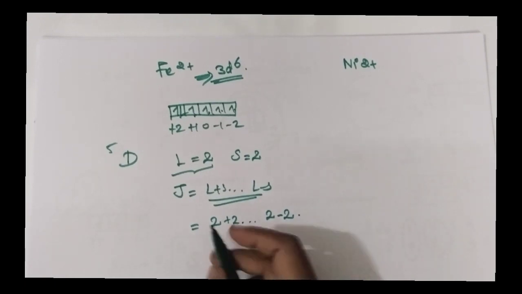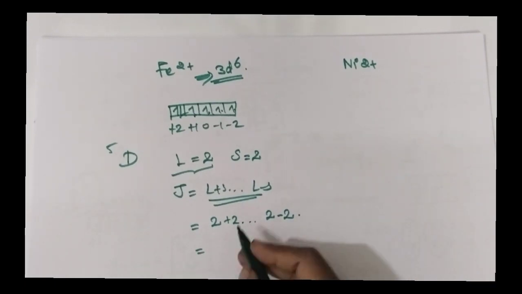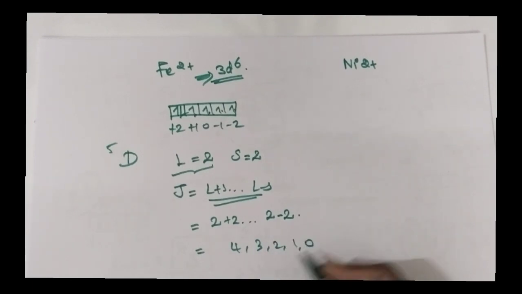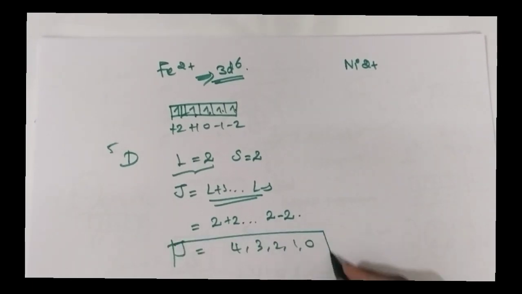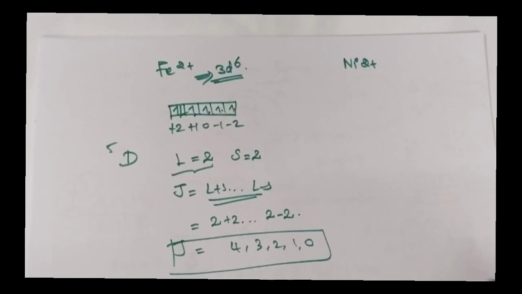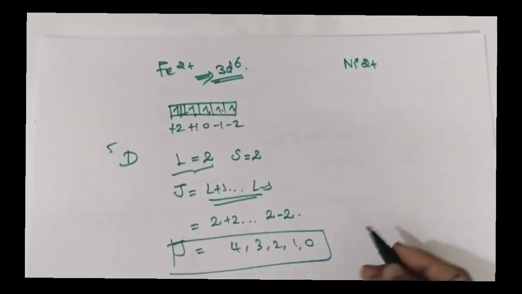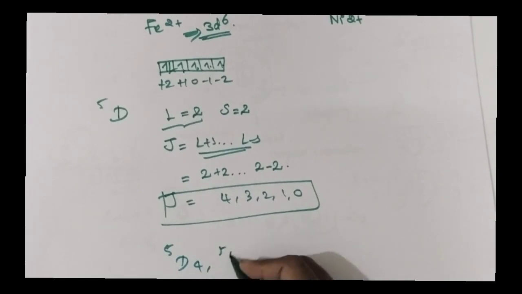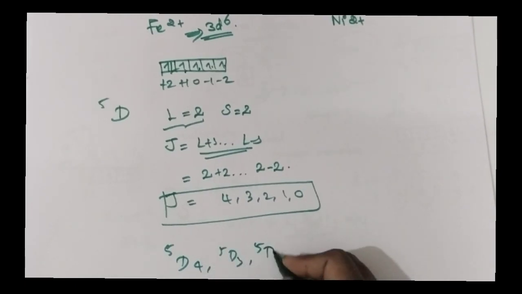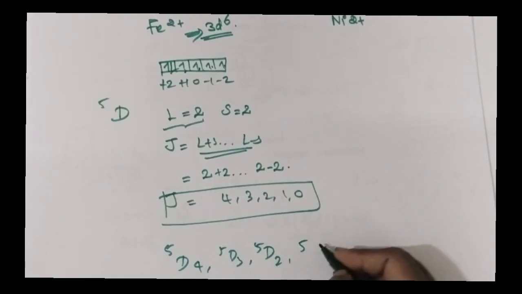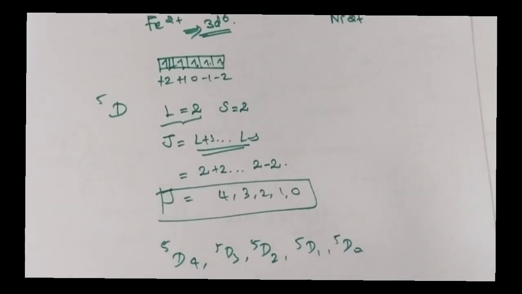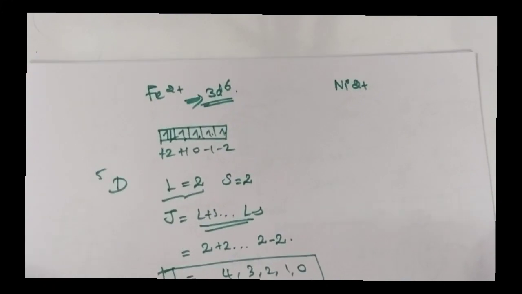So 4, 3, 2, 1, 0. These are all the possible J values. So how can you write this? 5D4, 5D3, 5D2, 5D1, and 5D0. These are all the possible term symbols for Fe2 plus.